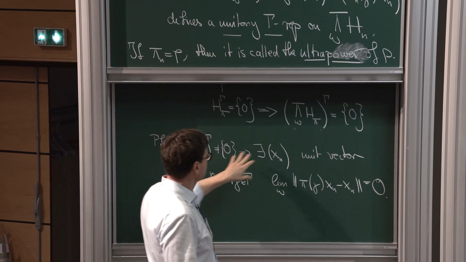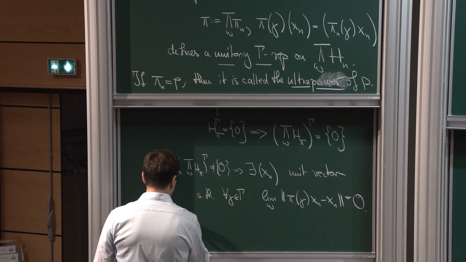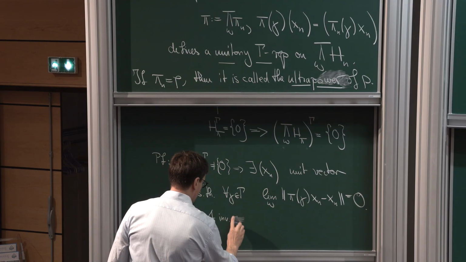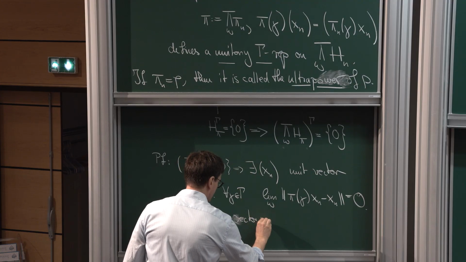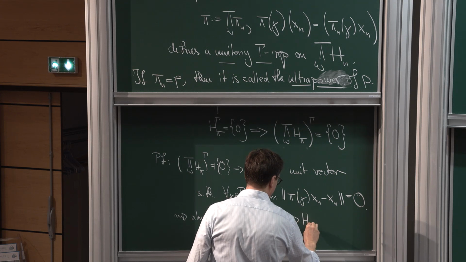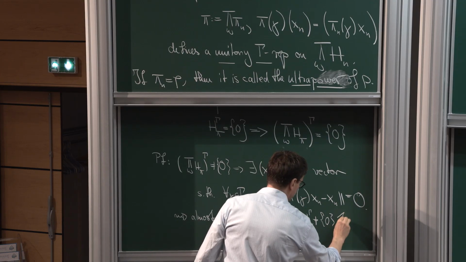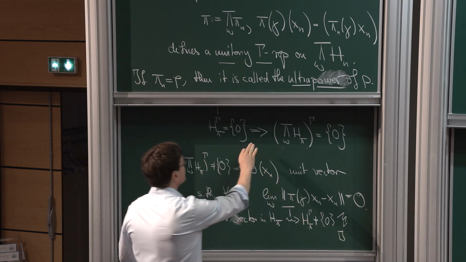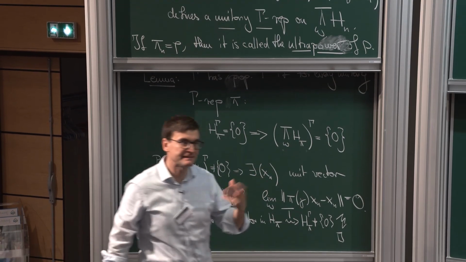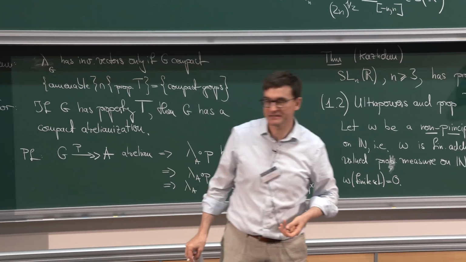So this cannot happen, by property T. So the invariant vectors in the ultra power are just the almost invariant vectors in the original representation.